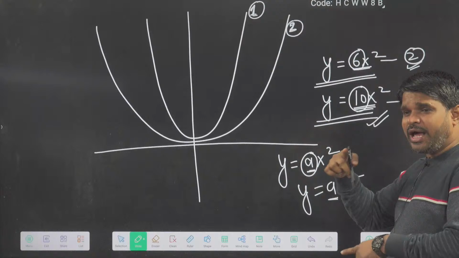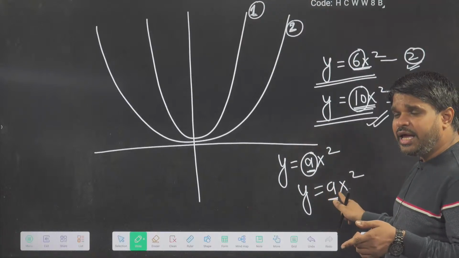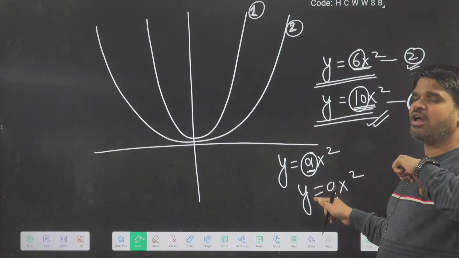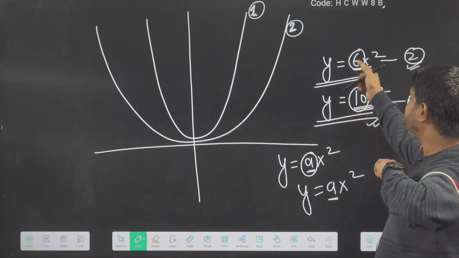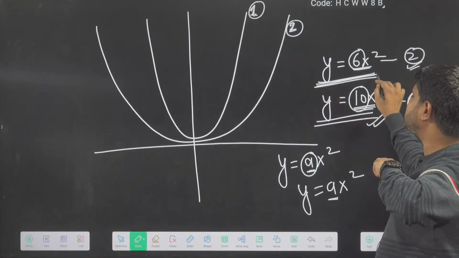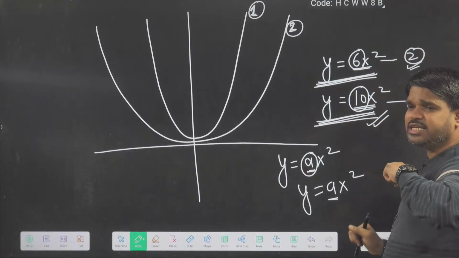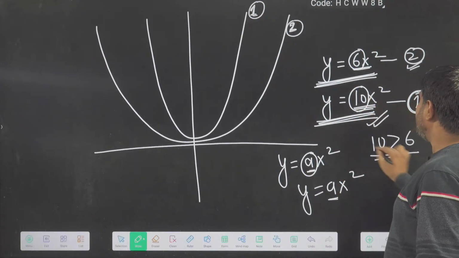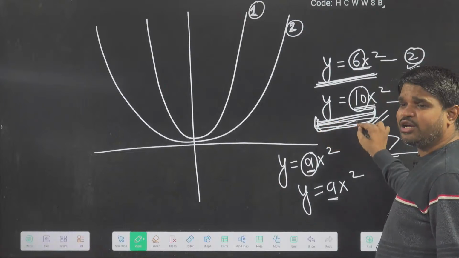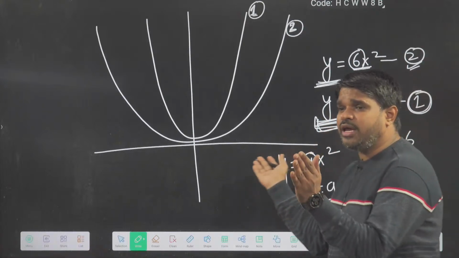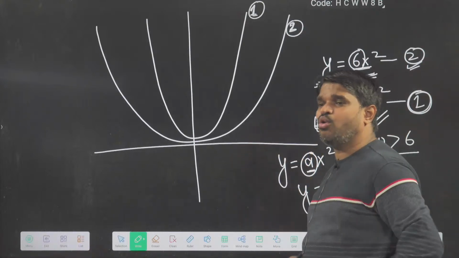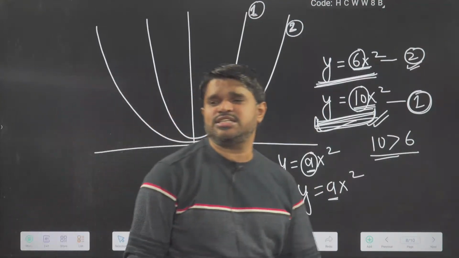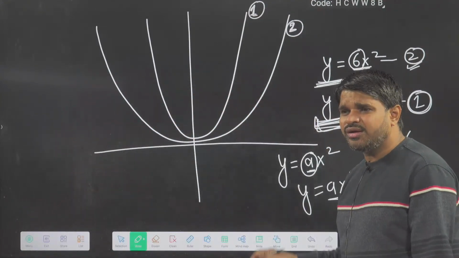If there are two parabolas, the one in which a is bigger will be inside. So for y equals 6x squared and y equals 10x squared, 10 is bigger than 6, so the parabola of y equals 10x square will be more inside as compared to y equals 6x squared. Okay, clear?